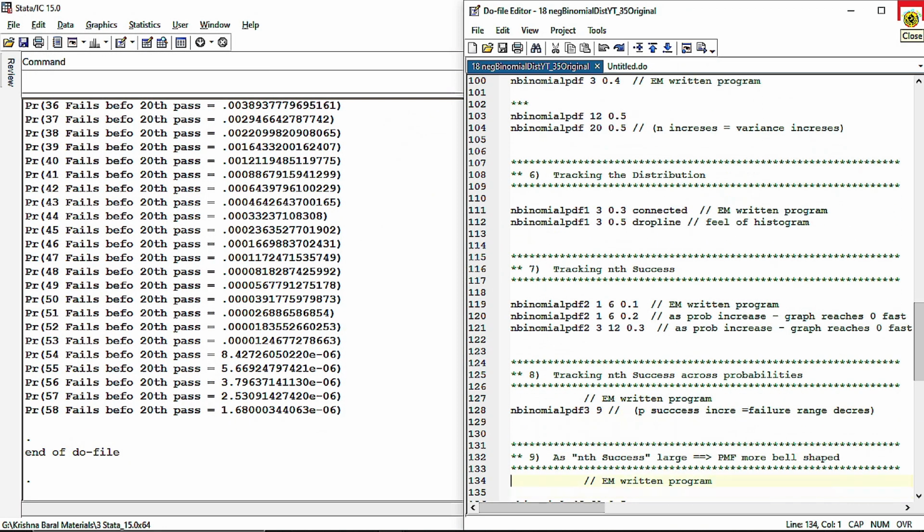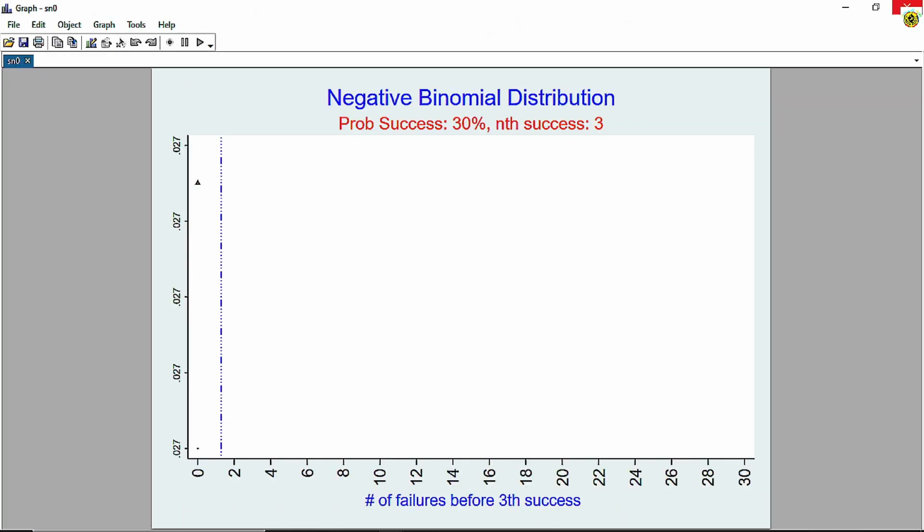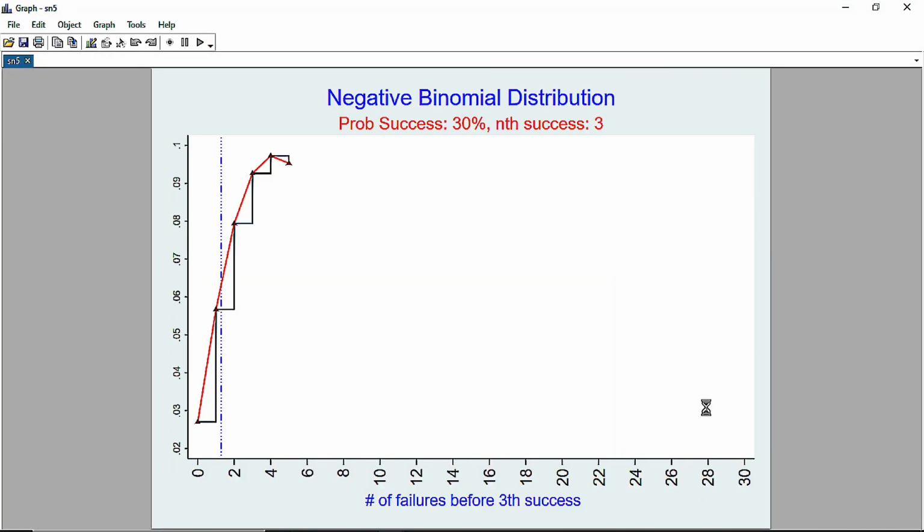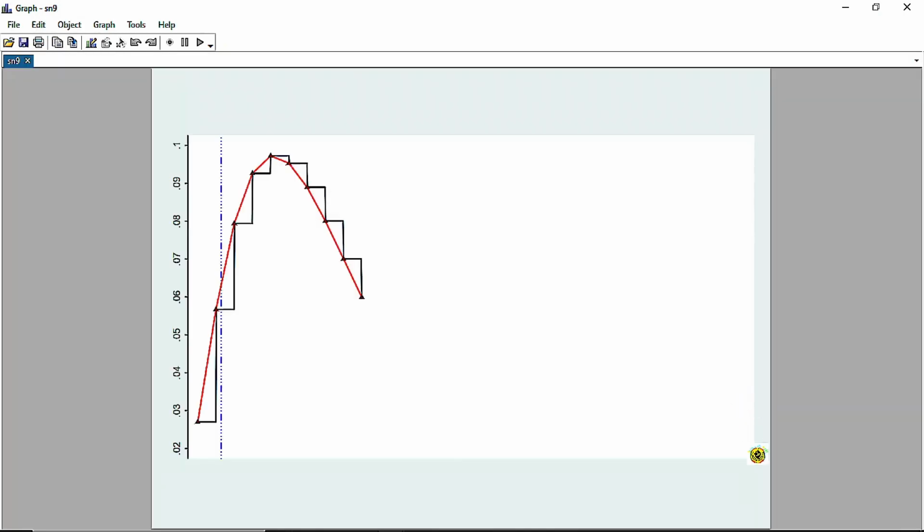Now let us draw the negative binomial distribution for getting the third success, where the probability of success is 30% against so many failures. We'll track them: 0 failures, 1, 2, and so on. It will ultimately show the graph up to 30 failures.